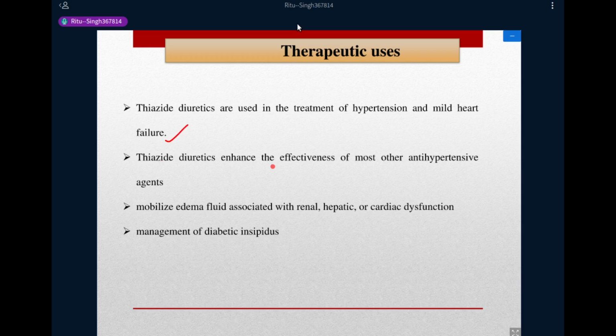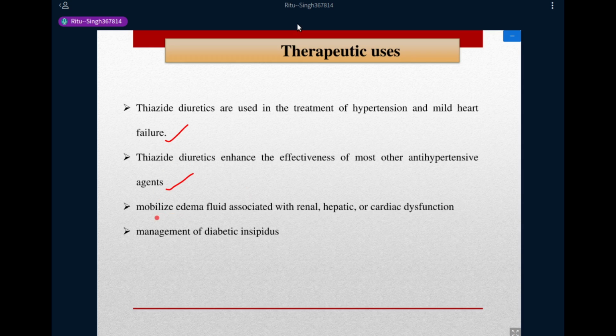Thiazide diuretics enhance the effectiveness of most other antihypertensive agents, so they are used individually, but also in combination with other antihypertensive agents for better activity.